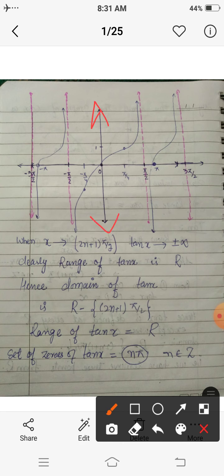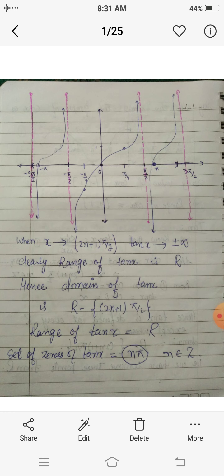If we consider any line perpendicular to this line, the graph touches these lines. So the range is R, and the domain is R minus (2n plus 1) pi by 2.